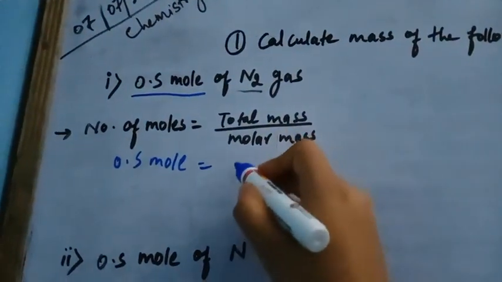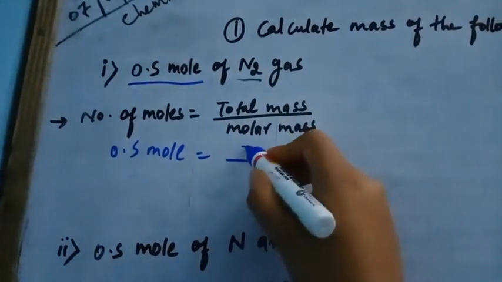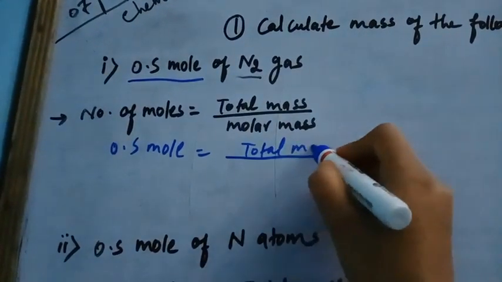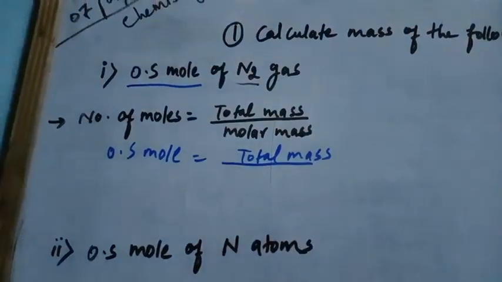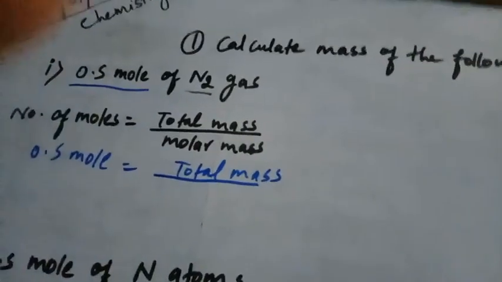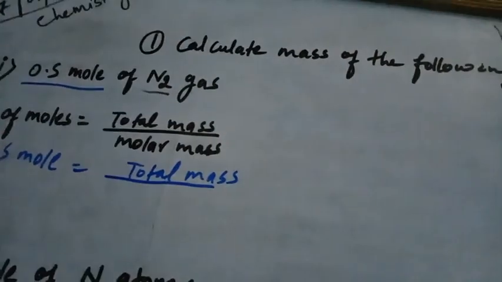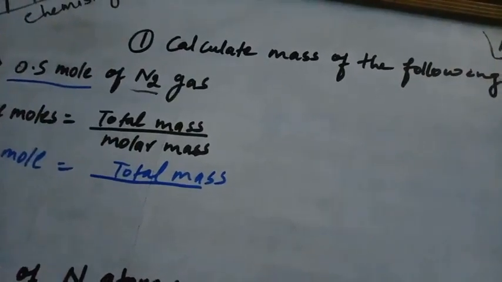So total mass will be, as it is, total mass divided by molar mass. Molar mass, I have told you, means the mass of 1 mole of N2 gas here.